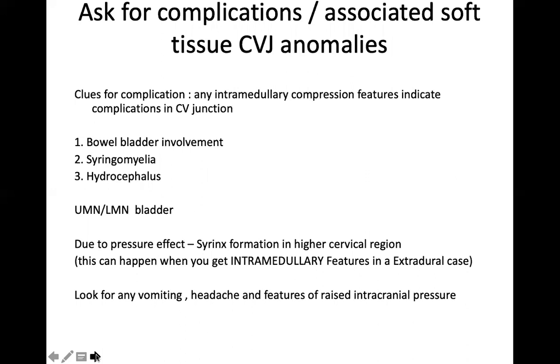Then, after the chief complaints, which the patient has already narrated, you should ask some complaints which are not explicitly told by the patient, but which are relevant. So, are there any complications because of the lesion you are expecting, like a syringomyelia or a bladder involvement or a hydrocephalus? Then you should ask the relevant history. Is there frequency, urgency, incontinence, any features of raised ICP?